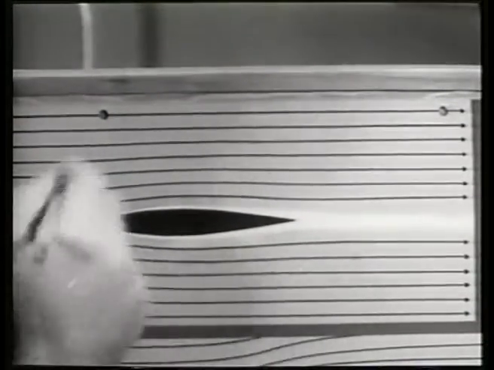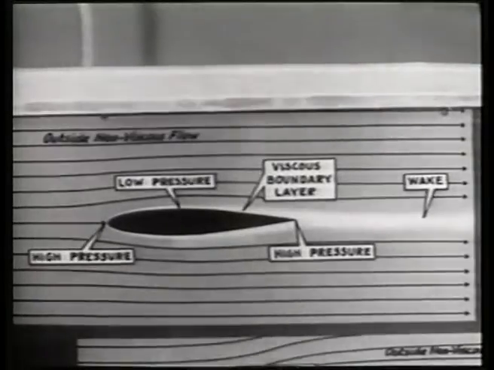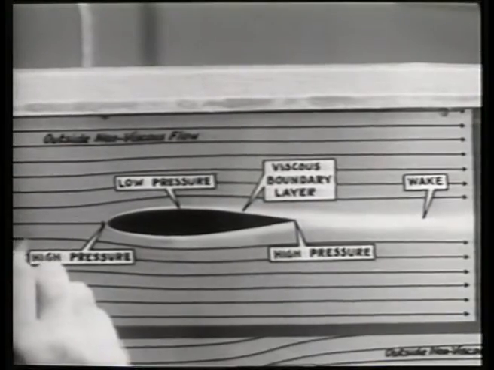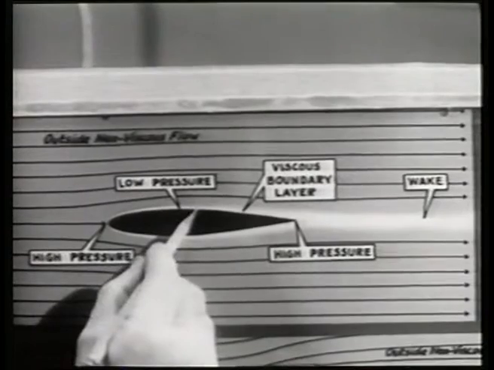The remainder of the flow behaves as before, in a non-viscous way. The pressure distribution previously established by the main large body of non-viscous flow is, as it were, impressed on the very thin boundary layer of fluid.